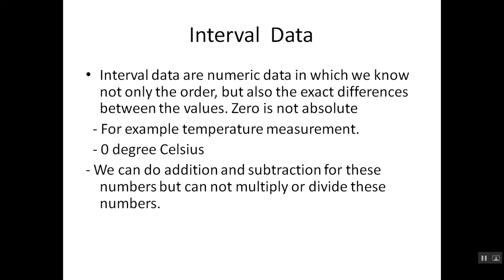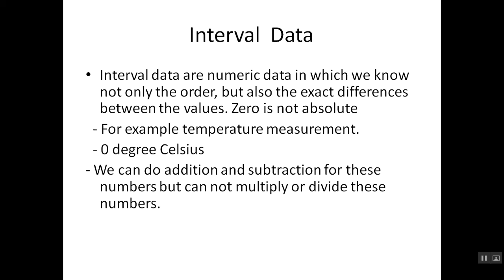I know the difference is 5 degrees between 10 and 5, and I know 10 degrees Celsius is higher than 5 degrees Celsius. I know the order, I know the exact difference between them, but I cannot say that 10 degrees Celsius is 2 times greater than 5 degrees Celsius.